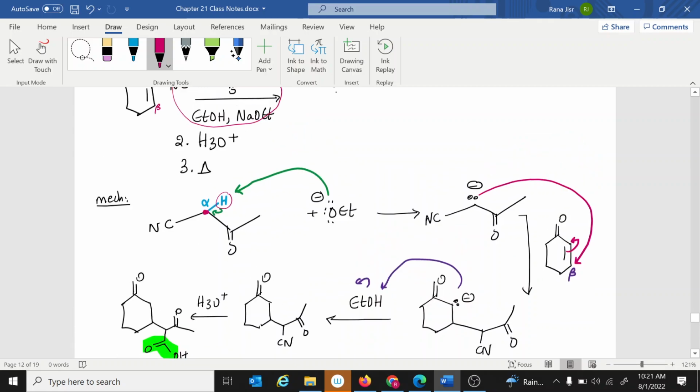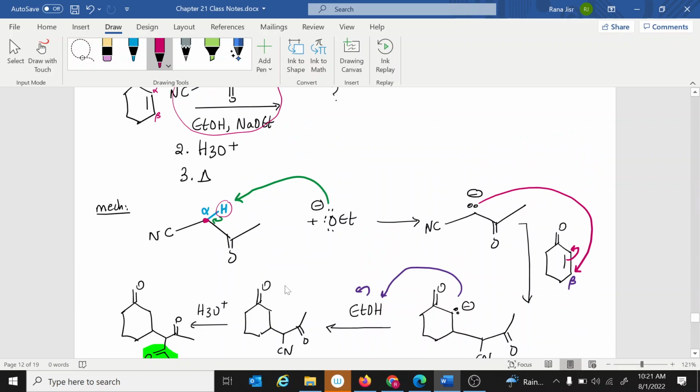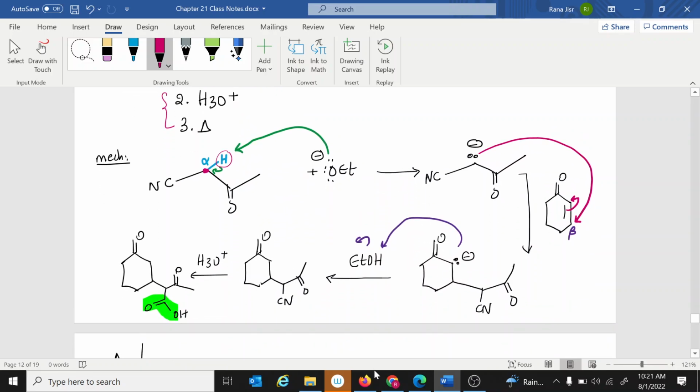Reactions, you can stop here. If you don't have steps 2 and 3, you simply stop here. Okay, so right down here, this is step 2. So step 2 there, with H3O plus, I don't have an ester, but I have a cyanide, and I know that cyanide can be hydrolyzed into a carboxylic acid. This is hydrolysis of the CN into a carboxylic acid.